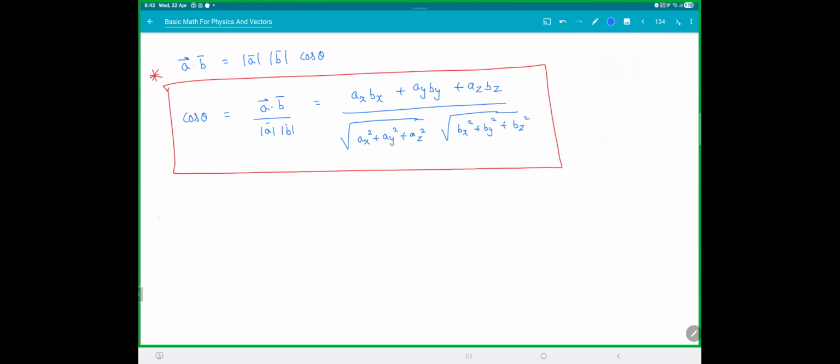Now, other than this, a few properties here. So if you take A bar dot B bar, this is the same as B bar dot A bar. If you have A dot (B plus C), you can expand this and write it as A dot B plus A dot C. If A bar is perpendicular to B bar, I'll write down, if two vectors are perpendicular, then A bar dot B bar is 0.